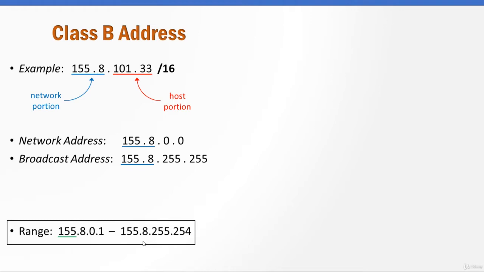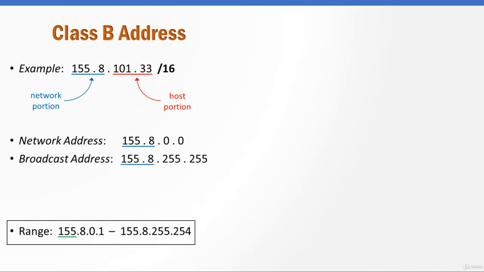At the end, we have a range of usable IP addresses. This means that all of these addresses can be allocated to endpoints, to computers, to any device that's within this network. So the only 2 IP addresses that we cannot use in a range are the network address and the broadcast address.